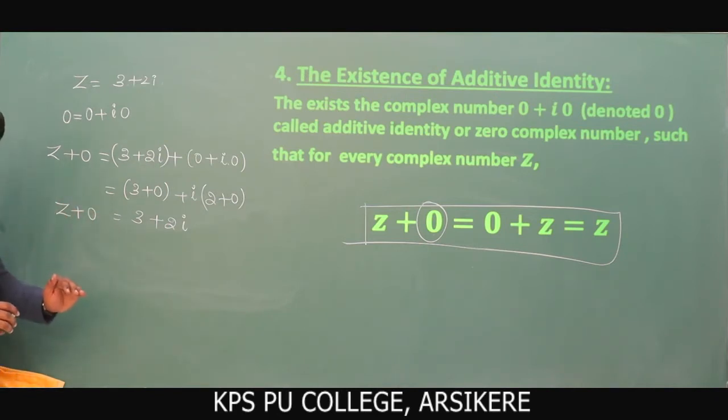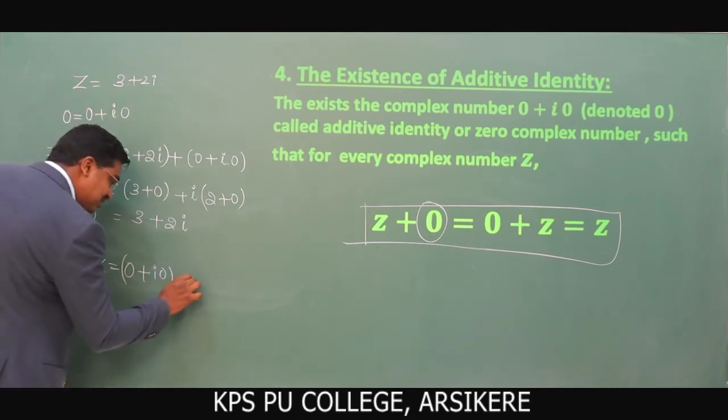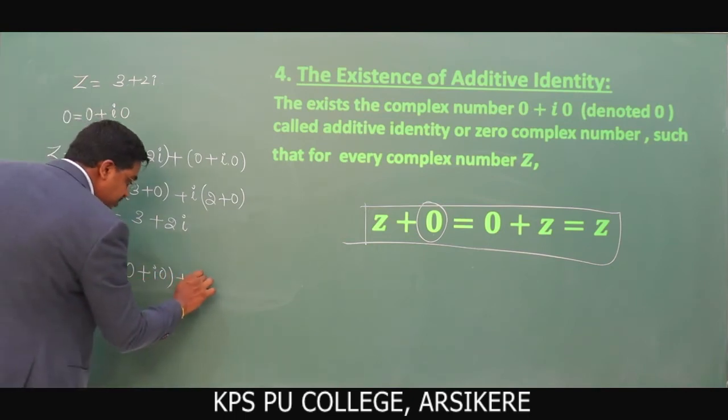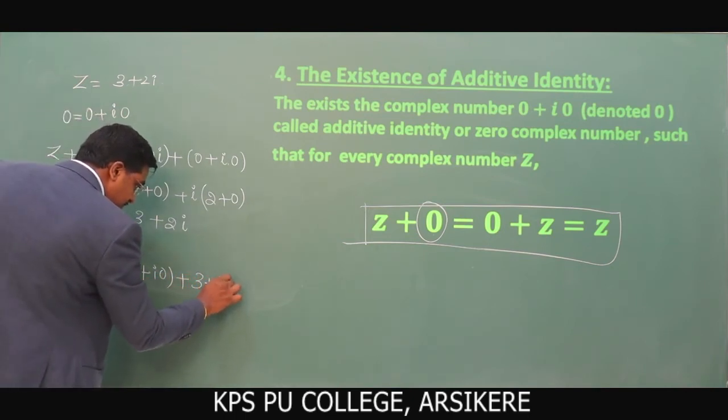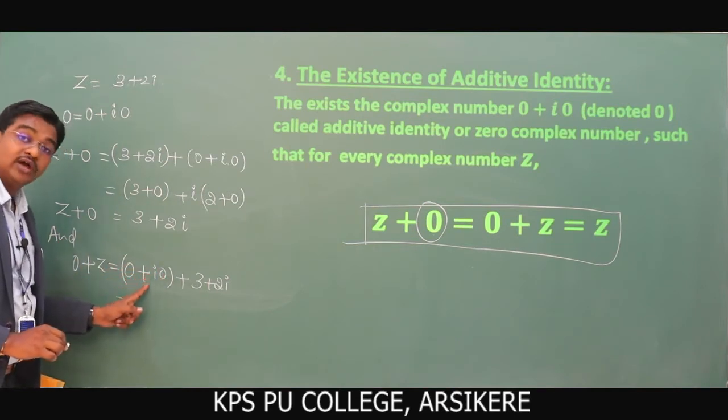At the same time, if I add 0 and z, 0 plus z. What is 0 here? That is 0 of the complex number, 0 plus i into 0, plus what is z? z is the given complex number 3 plus 2i. If I add these two numbers, don't confuse it, i into 0 or 0 into i, both are same.